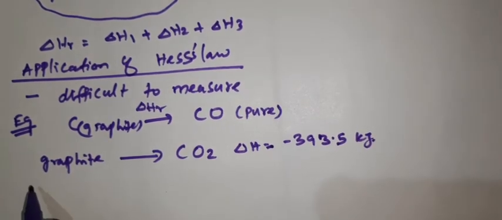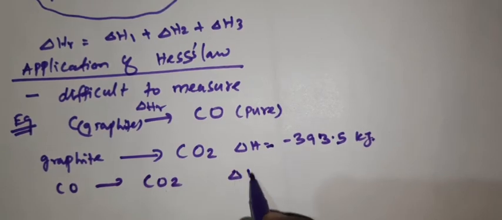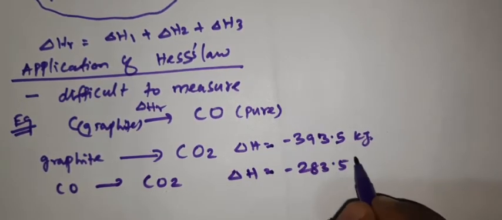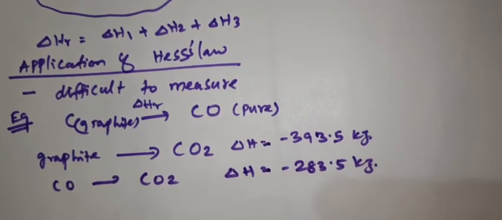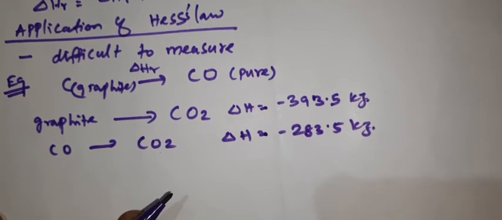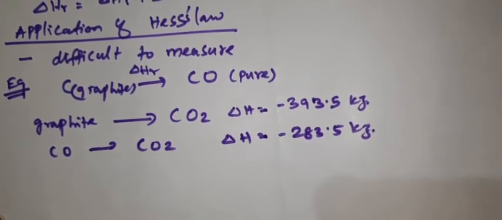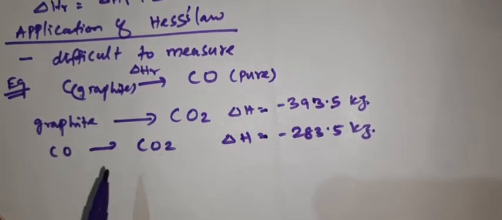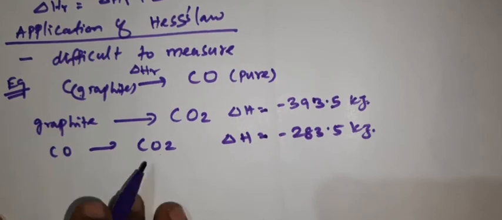At the same time, carbon monoxide converted into carbon dioxide is also easy to calculate. The value is minus 283.5 kilojoule. But carbon to carbon monoxide is very difficult. So from the data of enthalpy of combustion, we can calculate the enthalpy change of this carbon to carbon monoxide.